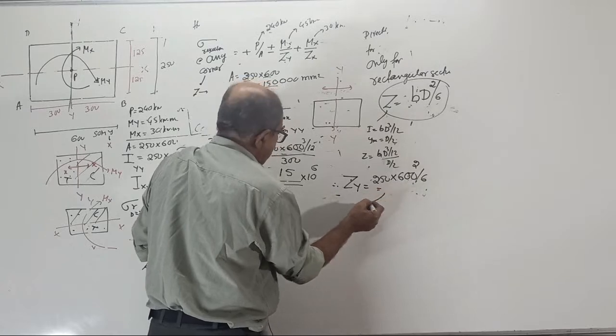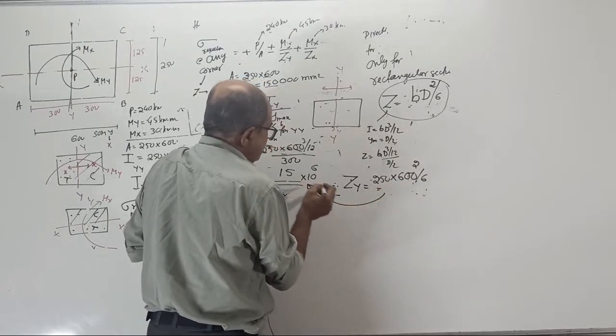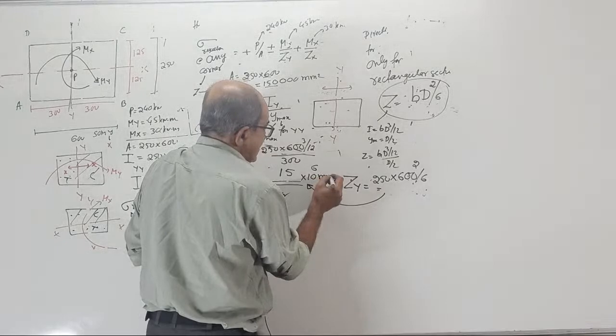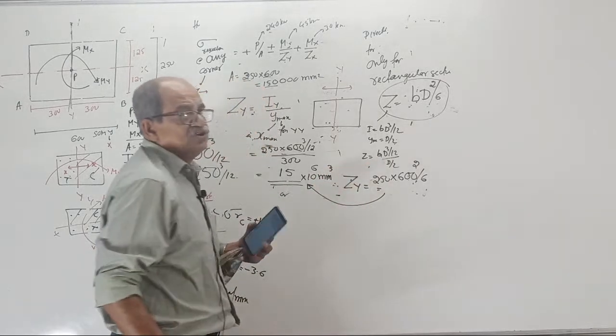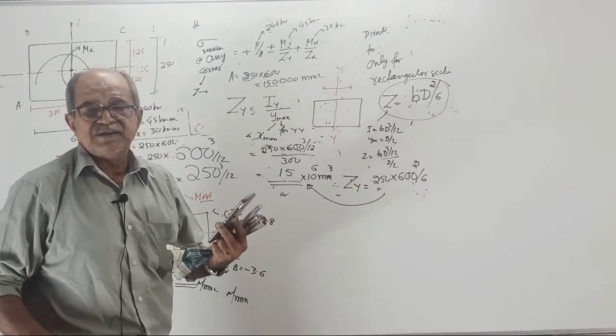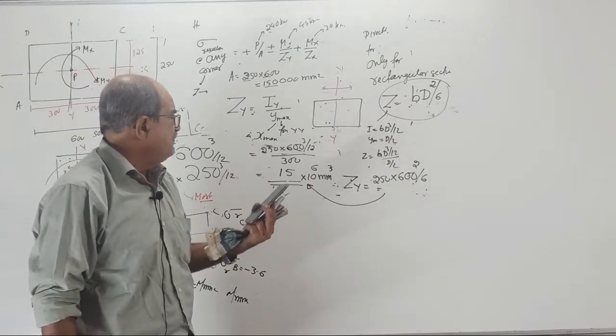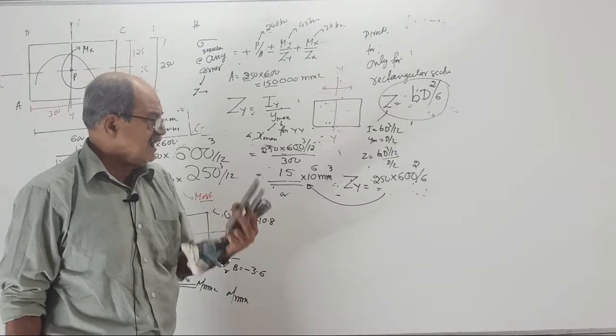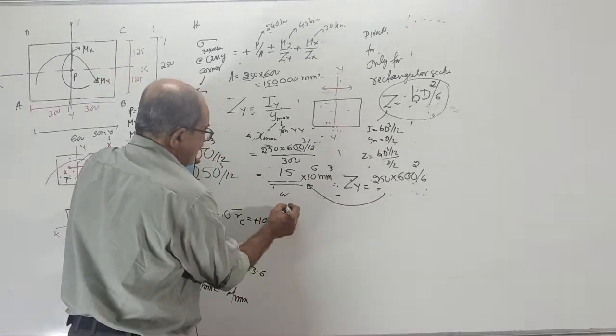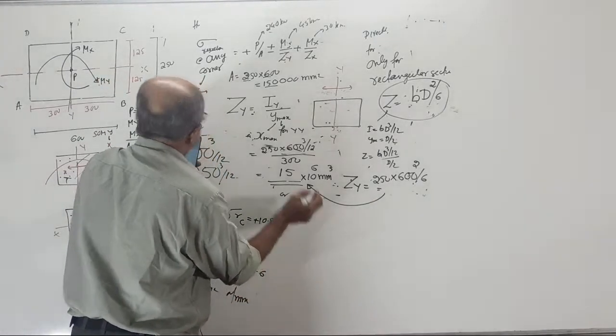Is it the same answer? But Z will come in millimeter cube. It should be same answer. Yes or no? Once again, 15 10 to the power 6. Same answer.